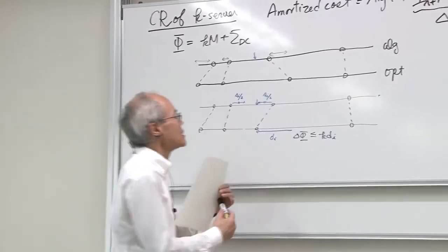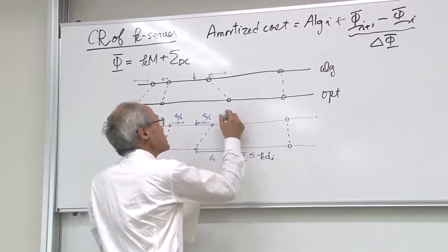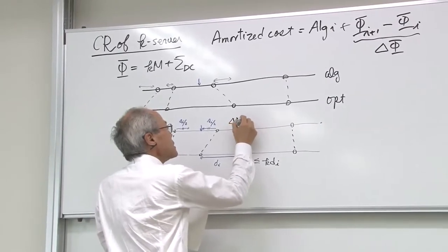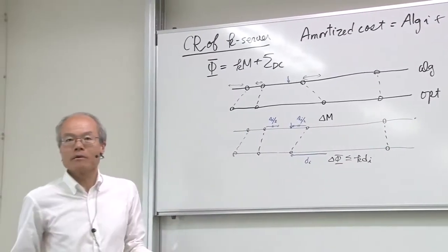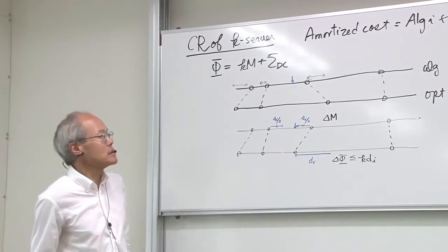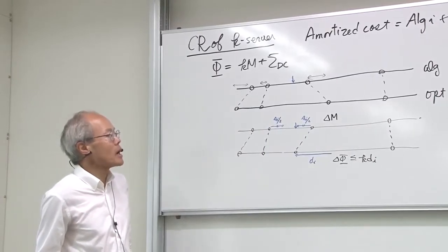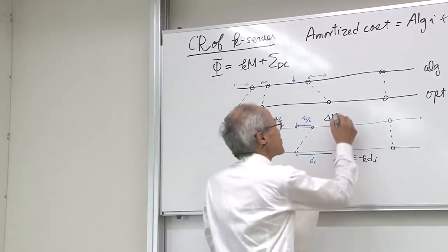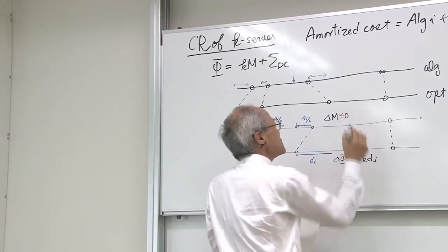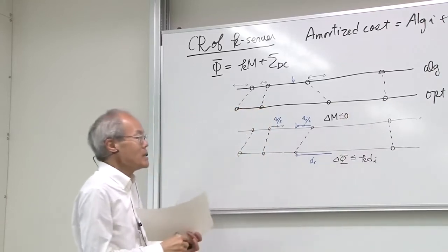And what is delta m? What's the change of matching? The change of matching is at most 0. Why?